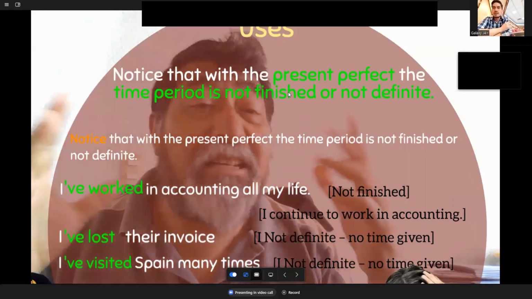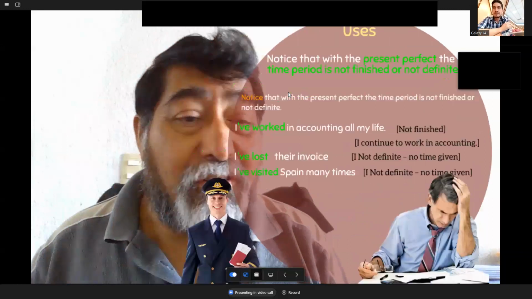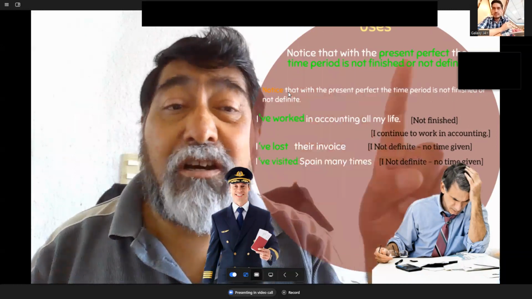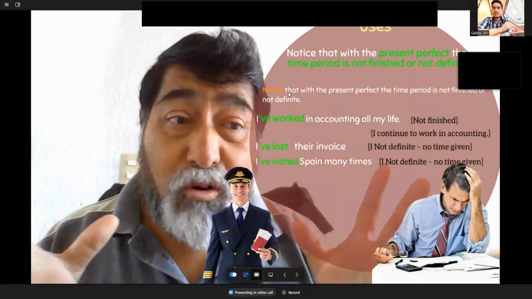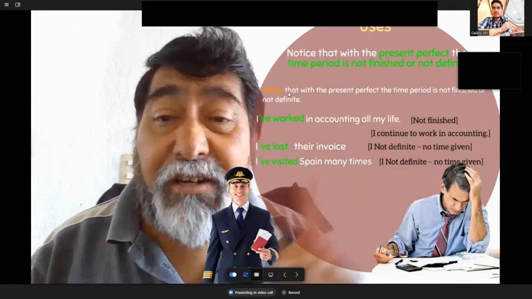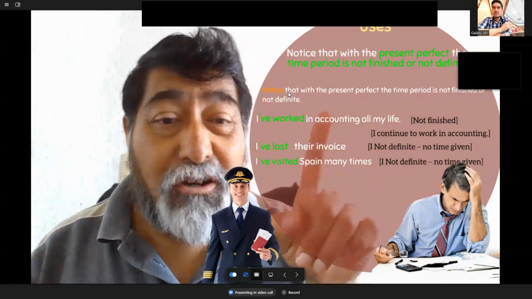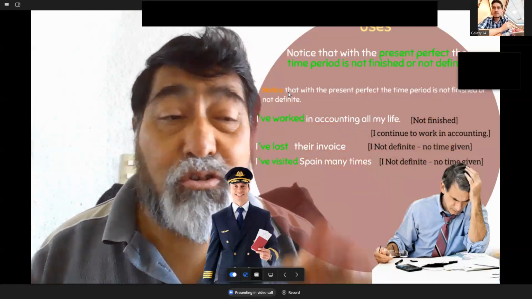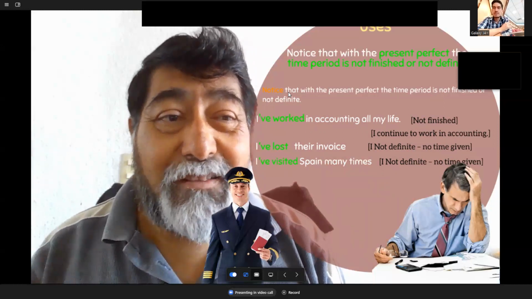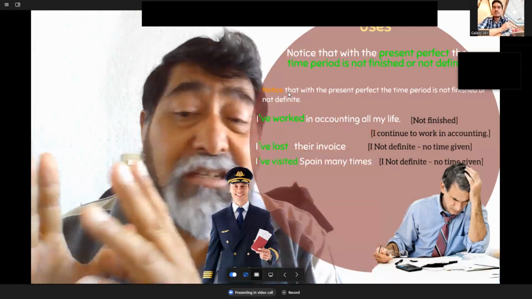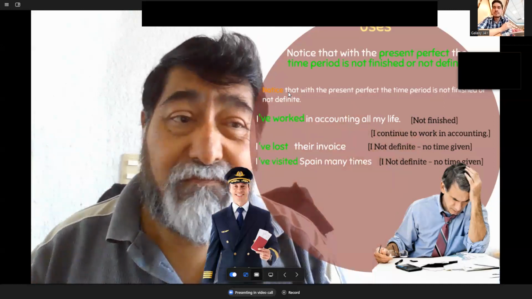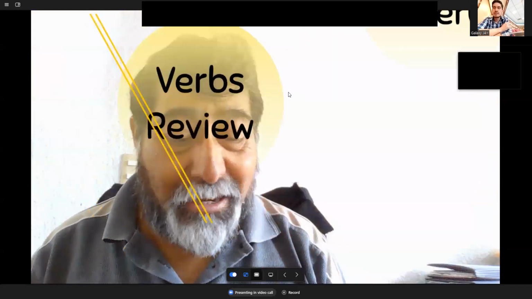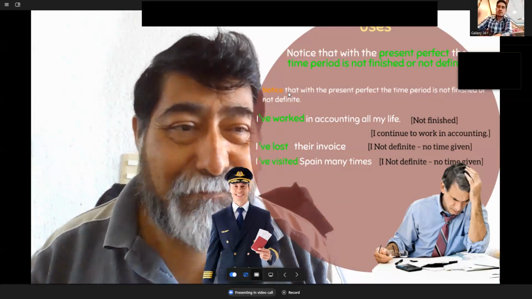So these are the common ideas that we use with the present perfect, indicating not finished periods of time, or also not definite times. In all the situations, we don't know specifically when the actions occur. They could have occurred last week, last month, last year. We don't know. Okay, take another screenshot for this so that we analyze the next one.